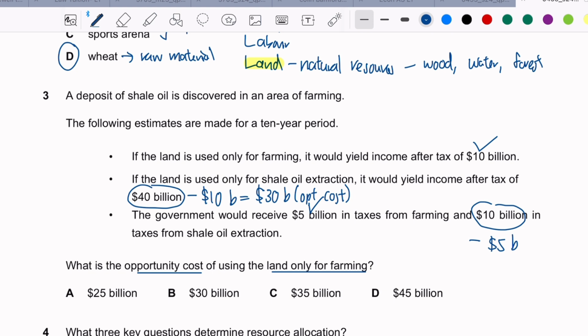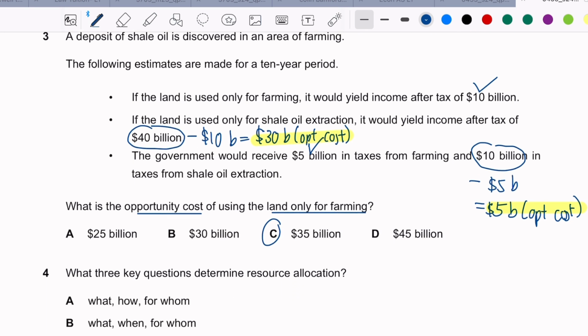So you get 5 billion in total. So this is the opportunity cost. At last, add up both the answers, which is this one and this one. So you get an opportunity cost of $35 billion. This means that if you choose to use the land for farming instead of extracting oil, you will sacrifice $35 billion. So the answer is C.